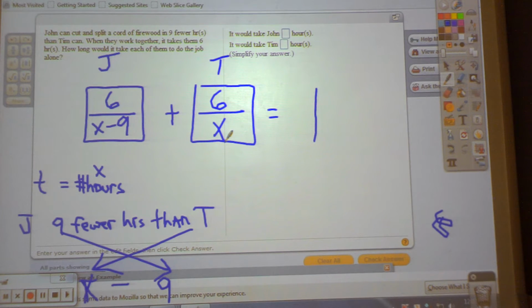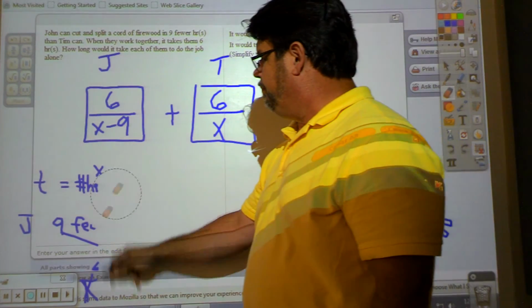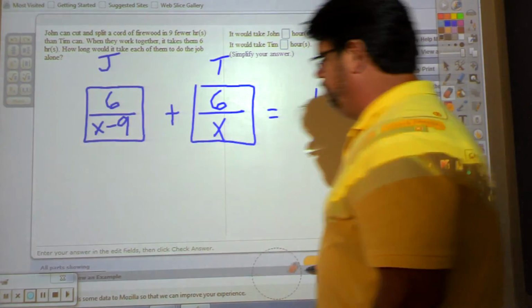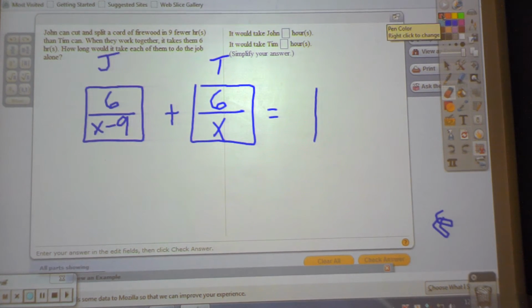Get a common denominator. And I'm going to erase this stuff on the bottom right here. All right, somebody tell me right quick, what's the common denominator of X and X minus 9?